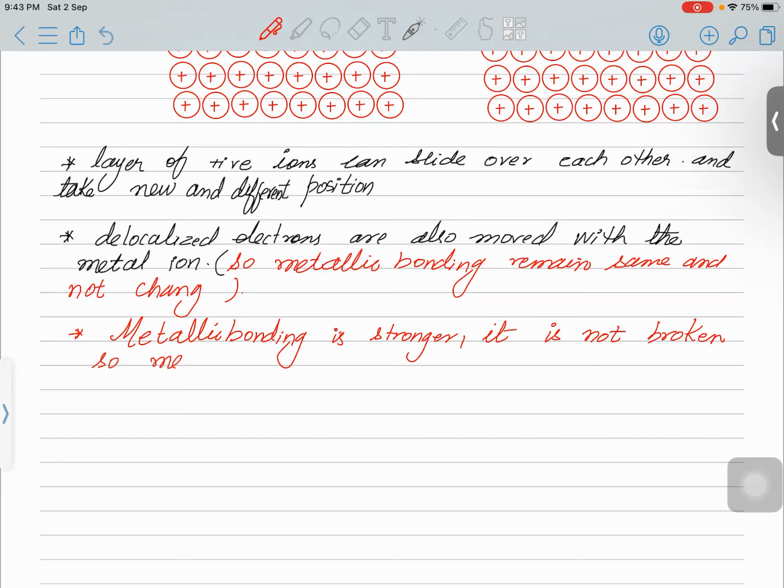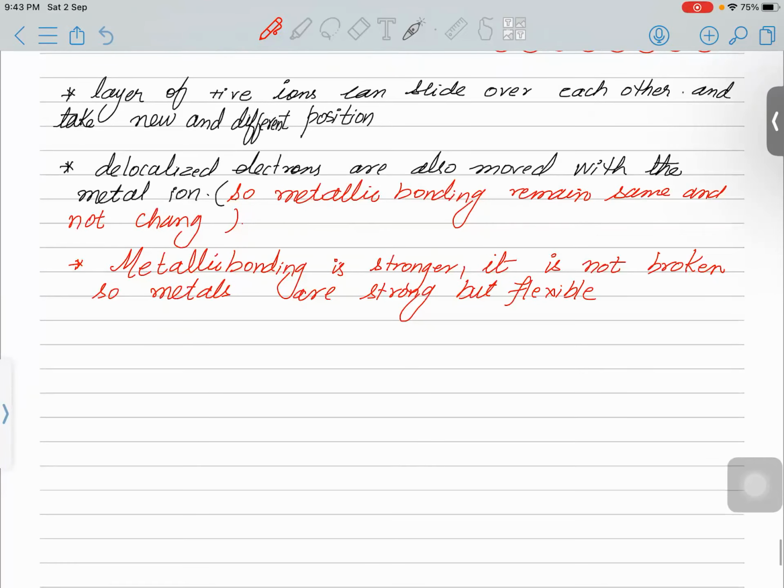So metals are strong but flexible. They are flexible and strong.